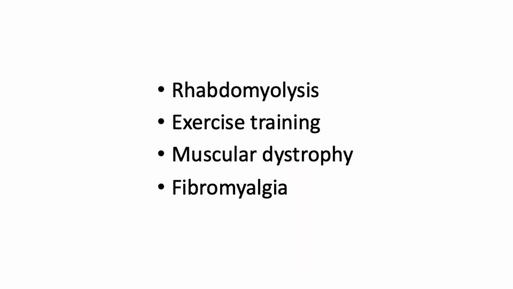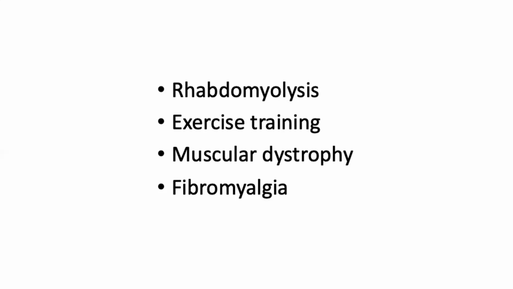For example, patients who get drunk and lie on the floor for the whole night, the whole next day, because of the pressure on their muscle, these muscles disintegrate and all the myoglobin comes out from the muscle, goes into the circulation and blocks the kidney, which can lead to renal failure. That is a process called rhabdomyolysis.